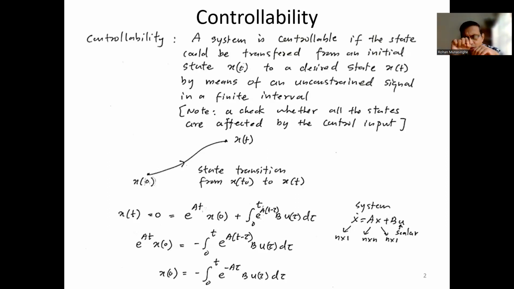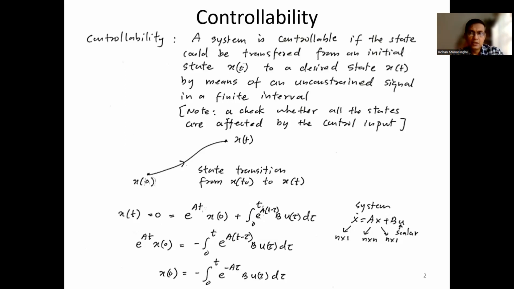If you write down these equations, and you can figure out that some sort of relationship is there between the control signal and all of these state variables, then we know we can use the control signal to drive each and every state variable from the initial state to the final state. So that is what we are trying to figure out here, controllability.